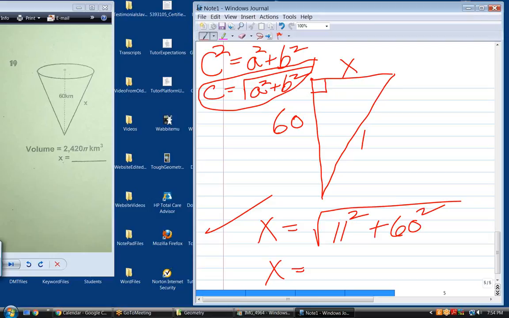Make that 110. I didn't want to give you a 3, 4, 5 triangle. I want you to memorize the Pythagorean theorem for solving for a short side of a right triangle. Oh, it's 60 squared plus b squared equals 110 squared. Or 6 and 11. That's the Pythagorean theorem.